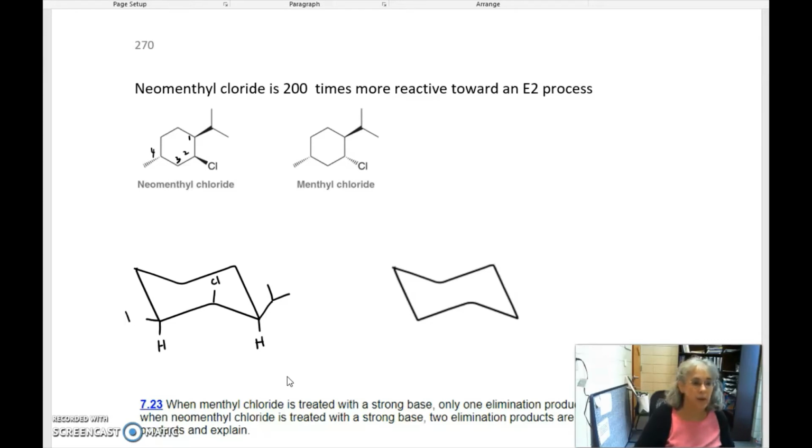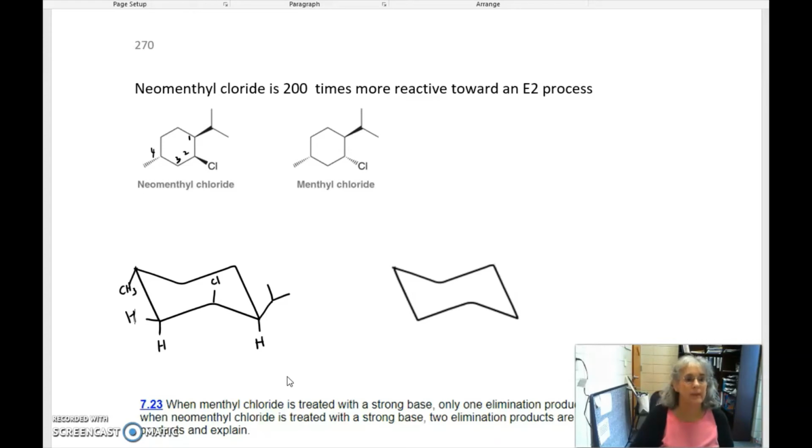And there's actually one also that's equatorial and up. And then we've got this methyl group, and it's on a wedge, so it's down. And I haven't drawn in all the hydrogens, just the ones I'm interested in. So this halogen can react with this one on the right, or this one.